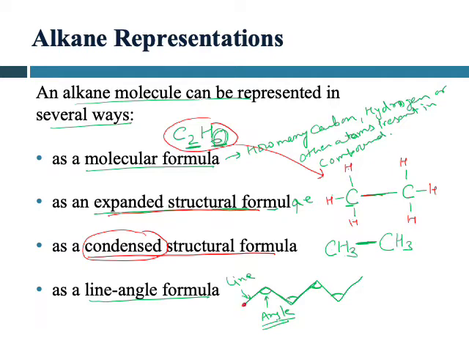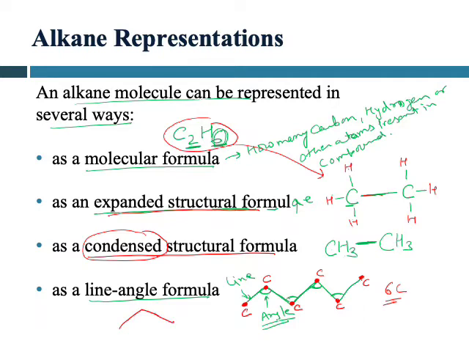Each starting point and each turning point where the line turns represents a carbon. So how many carbons do you have in this line angle formula? 1 2 3 4 5 6. You have 6 carbons in total. Let's look at one more example.